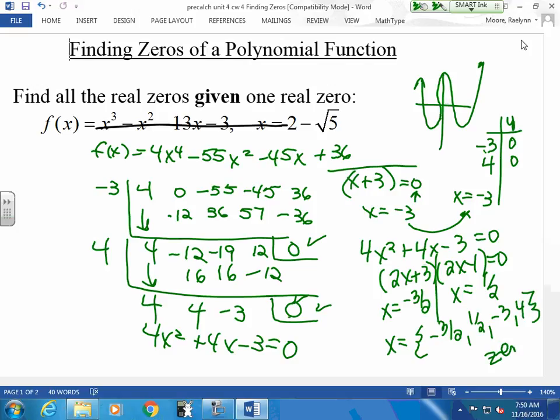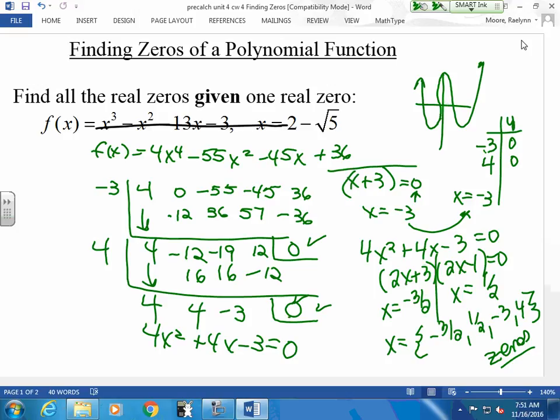These are my zeros. And if I want, I can go back to my graph and check these values. I can do calc value, put in -3/2, and make sure it comes back to a 0. The one thing you can't check is if you reduce something to a decimal and round it, it's not going to come back to exactly 0, but it will come back pretty darn close.